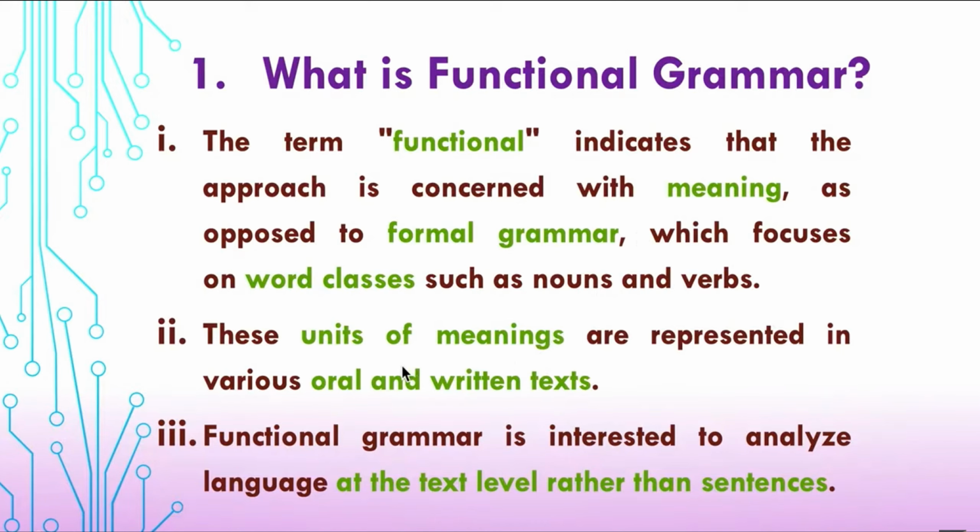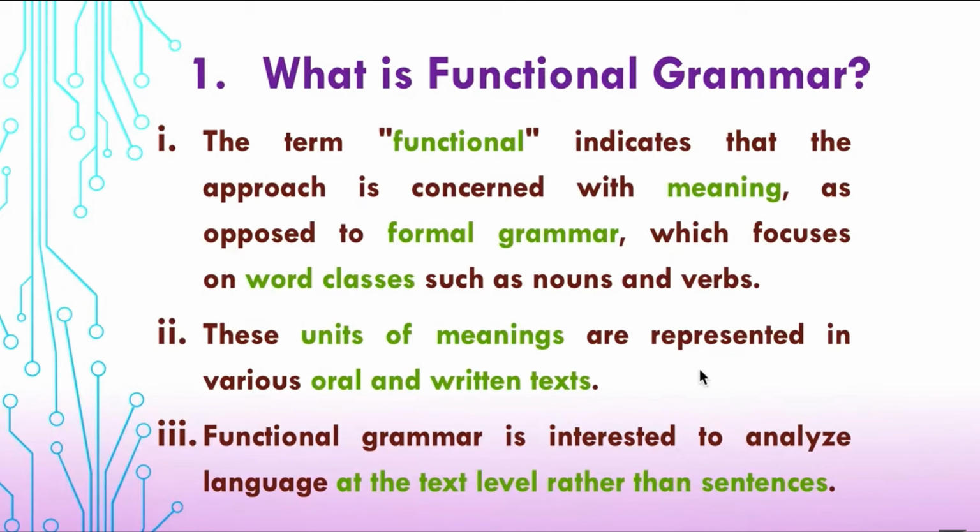We move to point number 2. These units of meanings are represented in various oral and written texts. Look, when we say that we study functional grammar in relation to meaning, meaning from where?